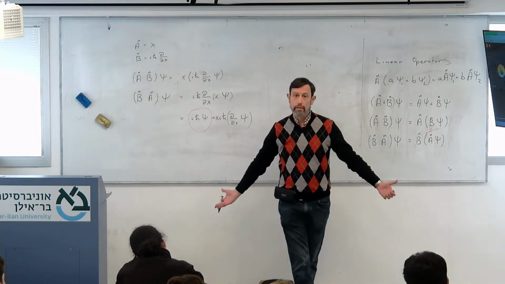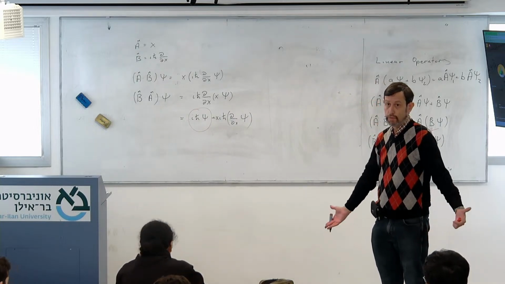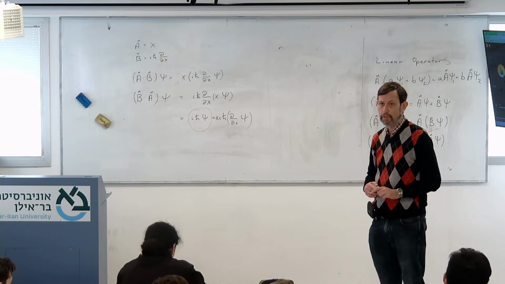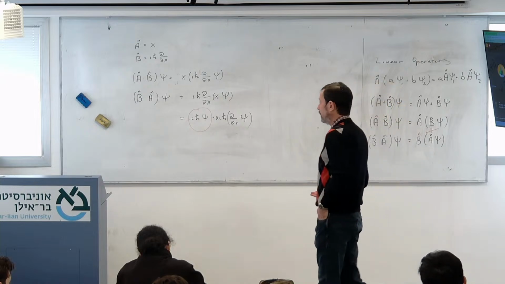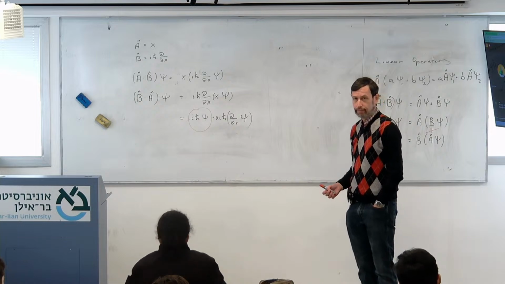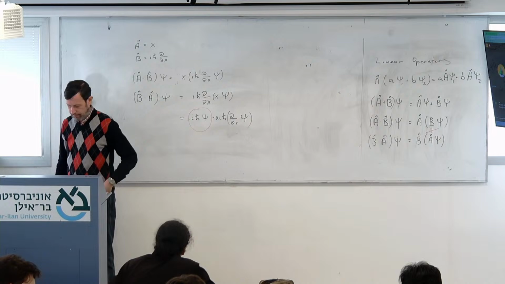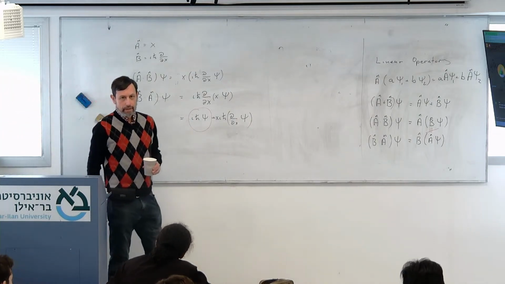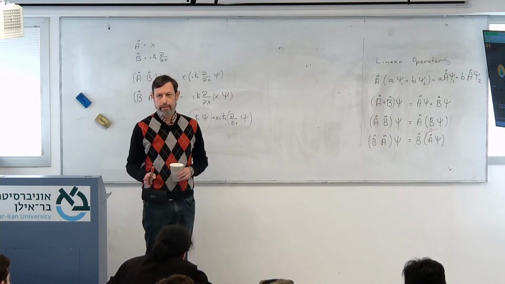We have an additional term here. Therefore, AB is not equal to BA. Those two operators don't commute, and the order is important. We will see that this has very considerable physical effects.